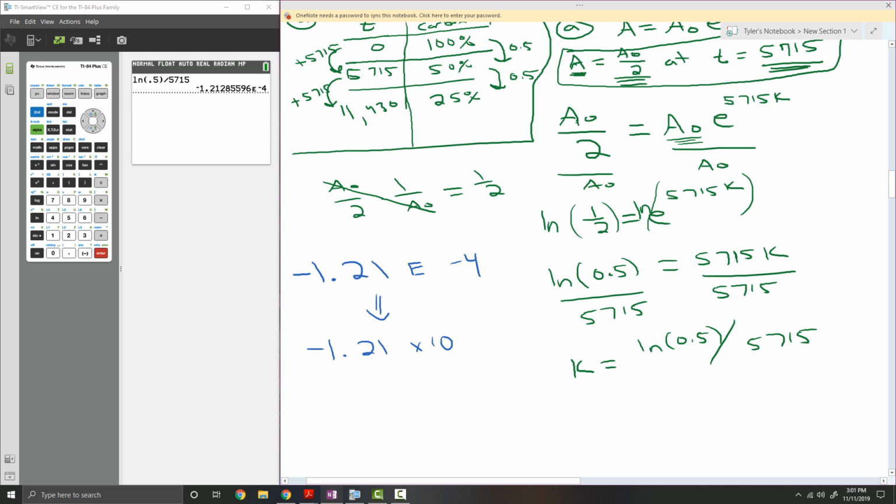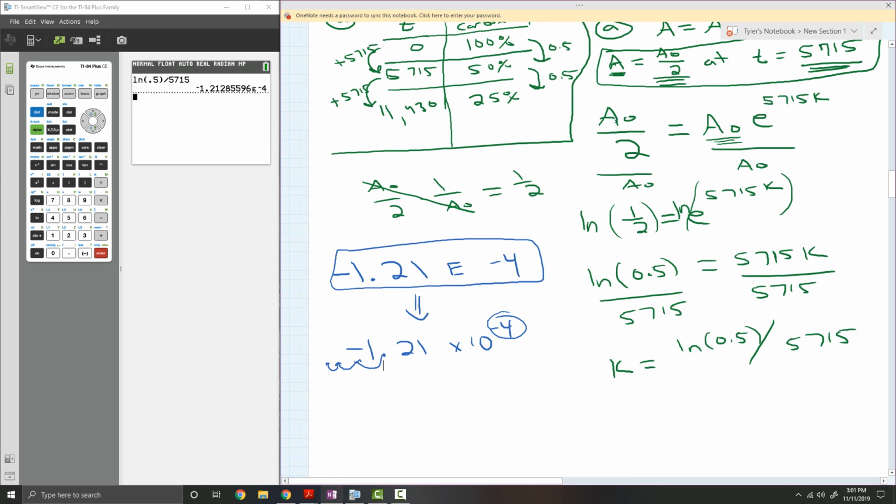times 10 to the minus 4. This is the way your calculator shows scientific notation. If you already know scientific notation, what this negative 4 does is move the decimal 4 spots to the left. So there's 1, 2, 3, 4.